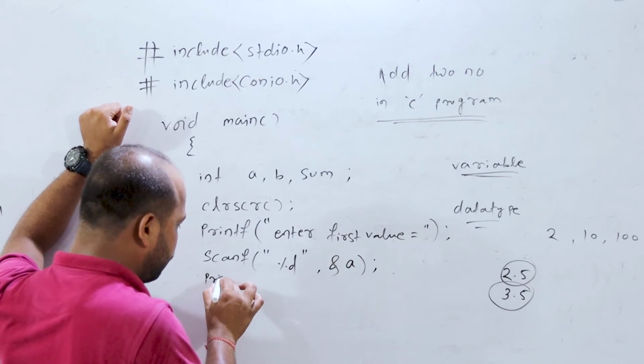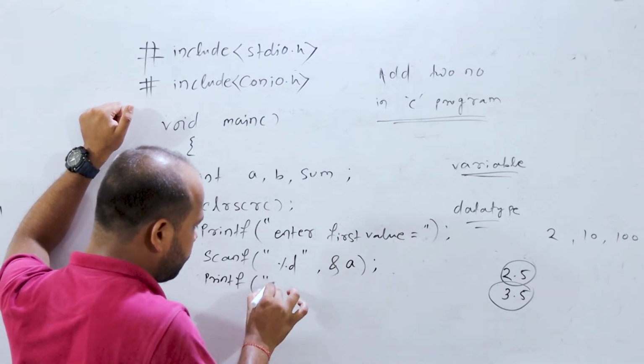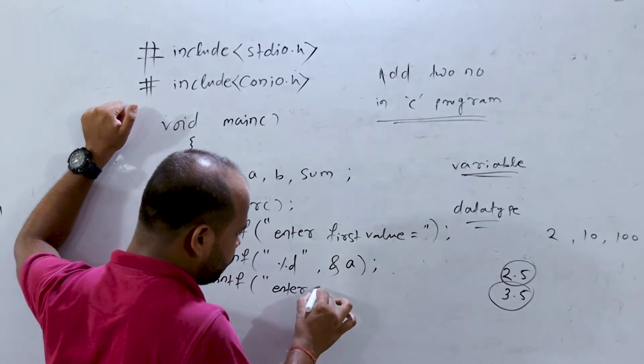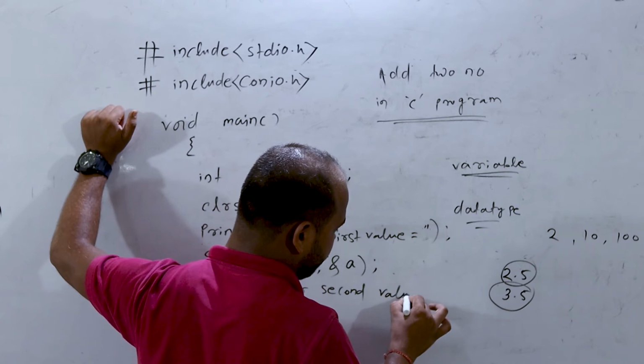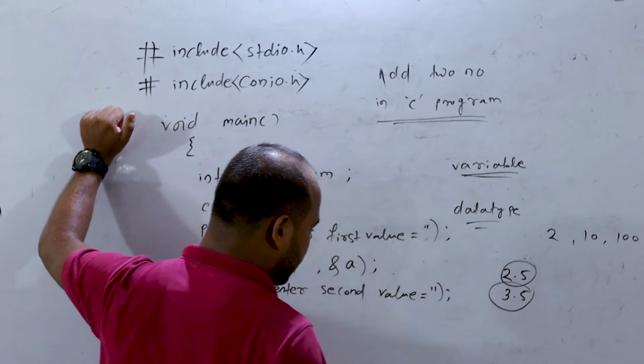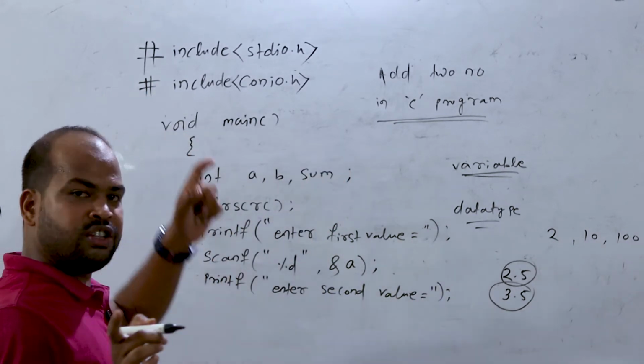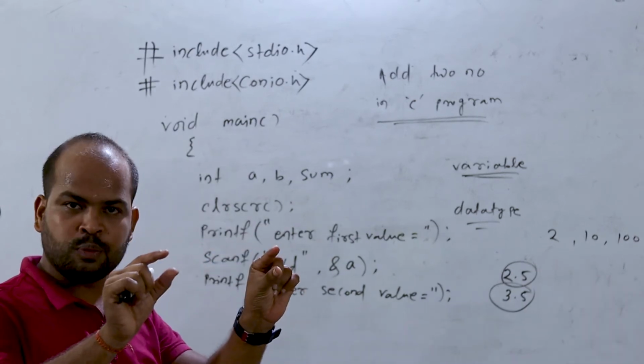Next, if you want to insert a second value in the B variable, then you have to write printf "Enter second value". This is a message. It will display in your output window.